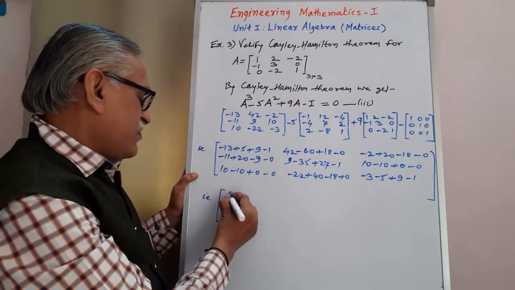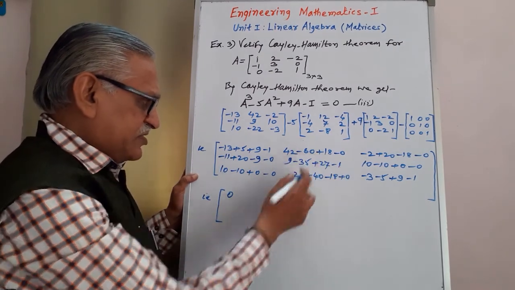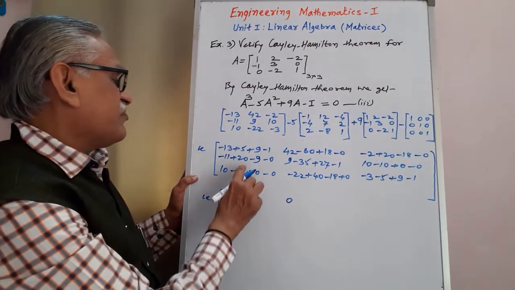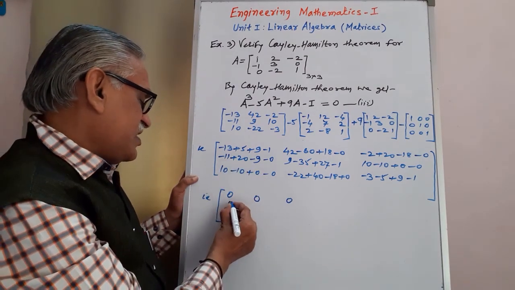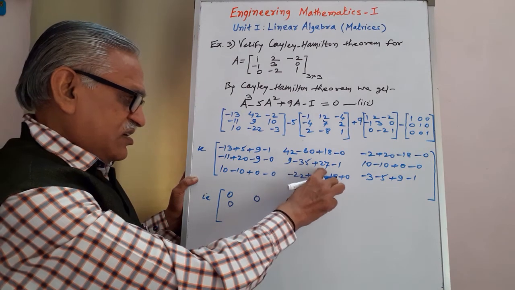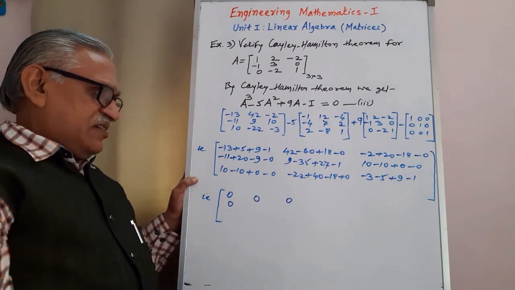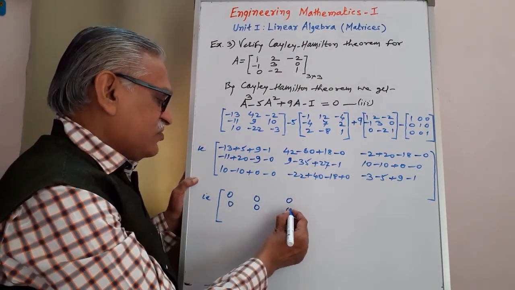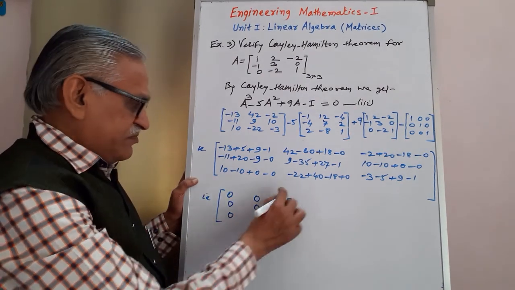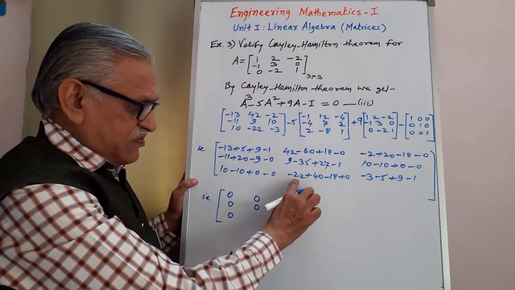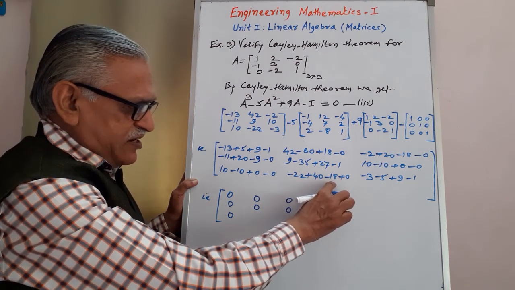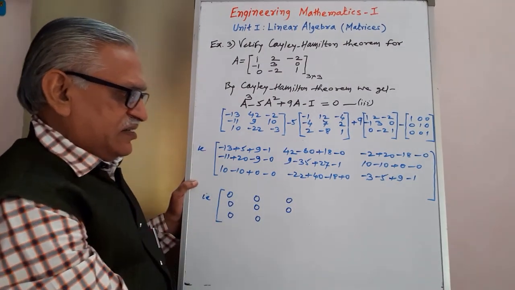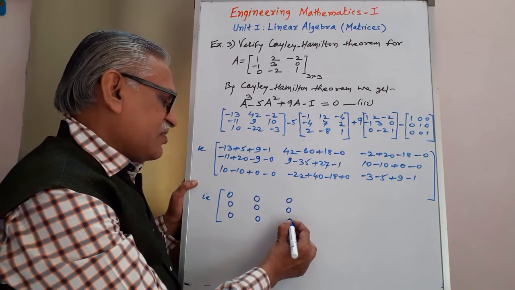-14 plus 14, we get 0. 60 minus 60, we get 0. 20 minus 20, we get 0. 20 minus 20, we get 0. 27 plus 9, 36. 36 minus 36, we get 0. 10 minus 10, we get 0. 10 minus 10, we get 0. -22 minus 18 minus 40 plus 40, we get 0. 9 and -9, 9 minus 9, we get 0.